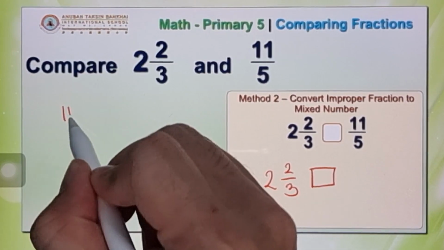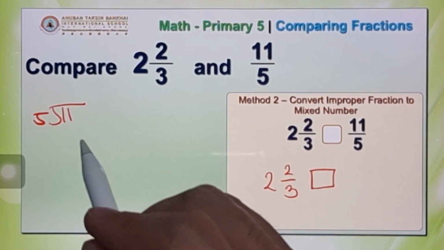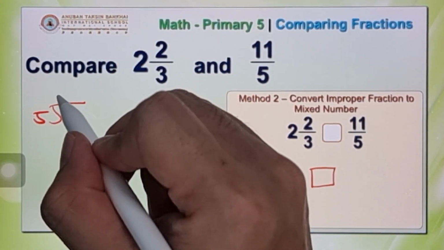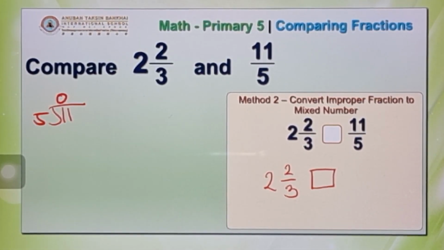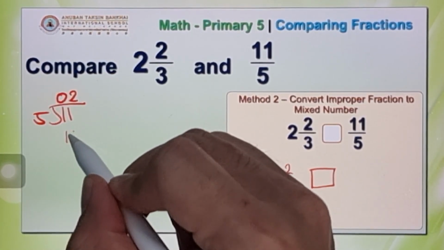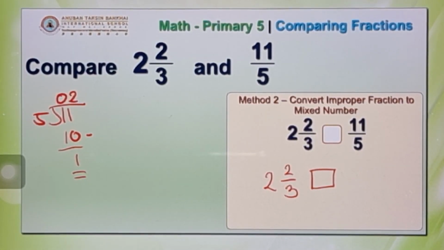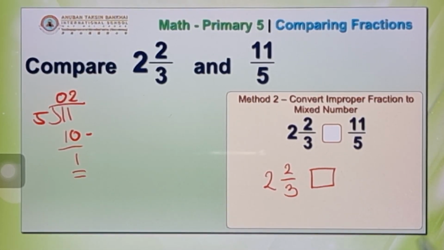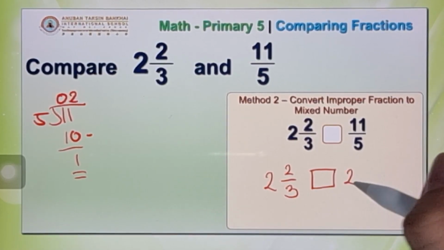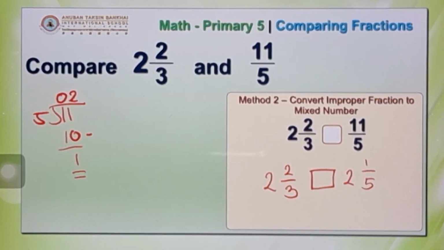So we have 11 divided by 5. 11 divided by 5, we have 2. 2 times 5, we have 10. And then we subtract, we have a remainder of 1. So therefore, we can write this as 2 and 1 over 5.